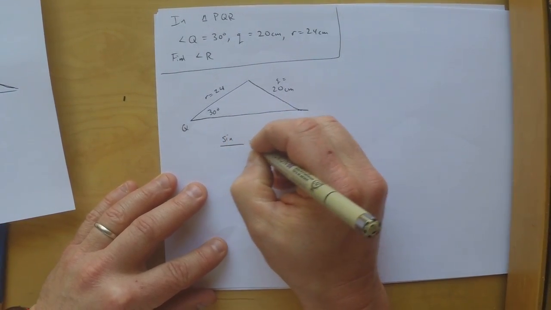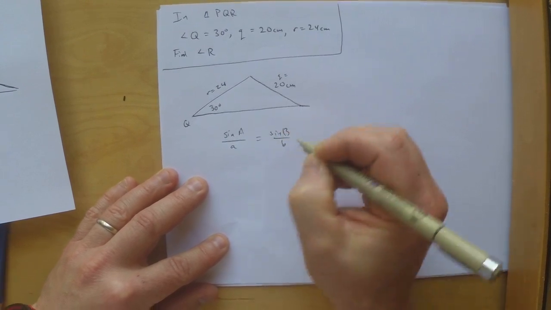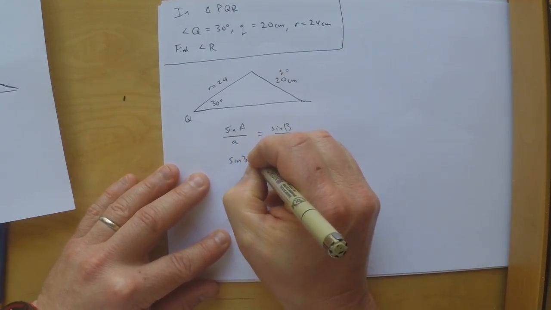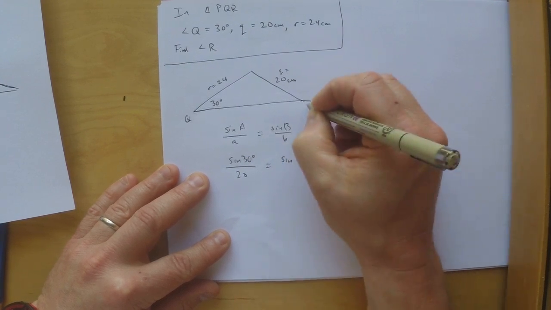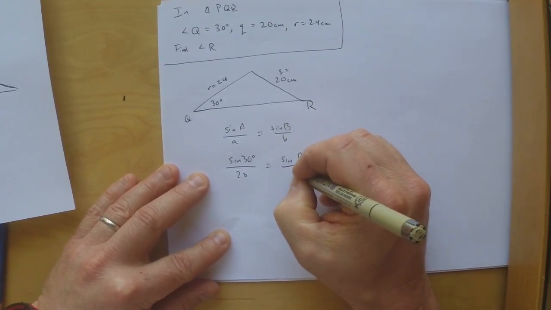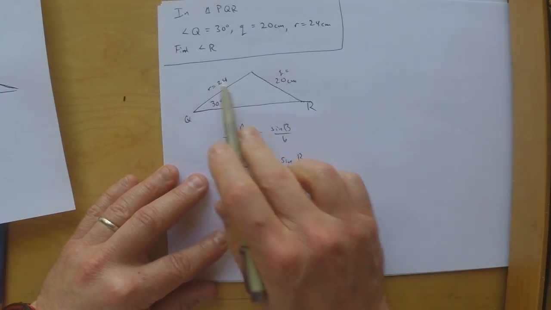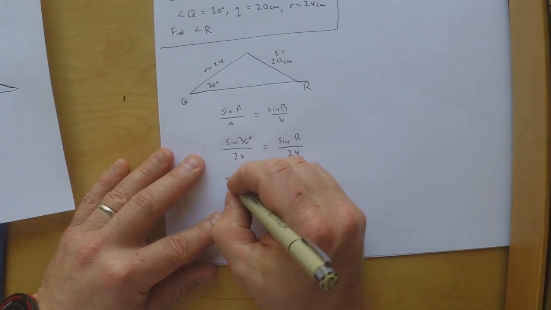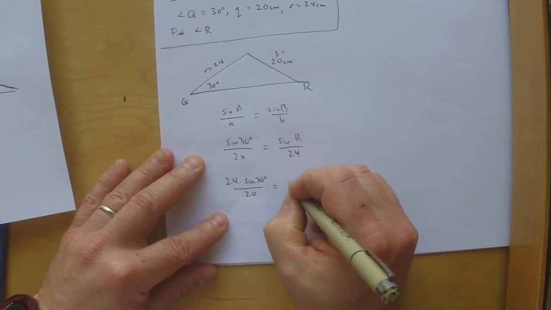I do my setup with my sine law. Sine of 30 degrees divided by 20 equals sine of big R over 24. So there's my angle side pair, there's my angle side pair. Same thing, no different. You're looking at this going, McPhee, why is this any different? And I agree, it's not yet.